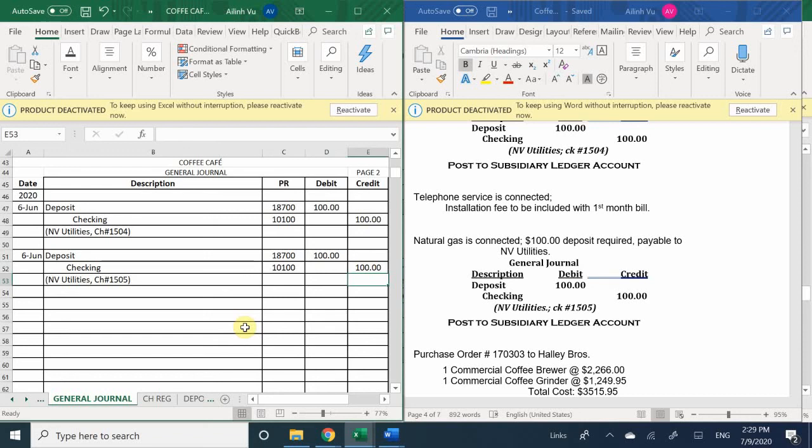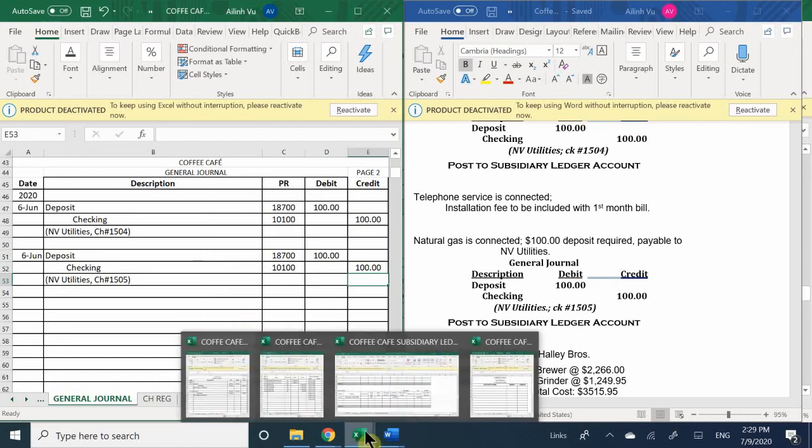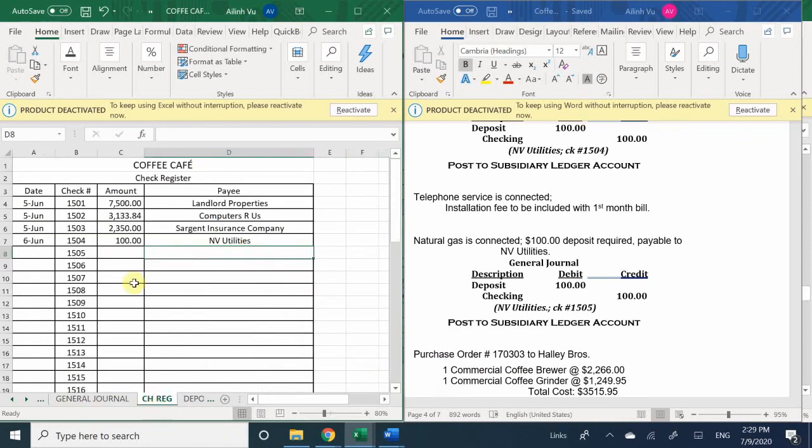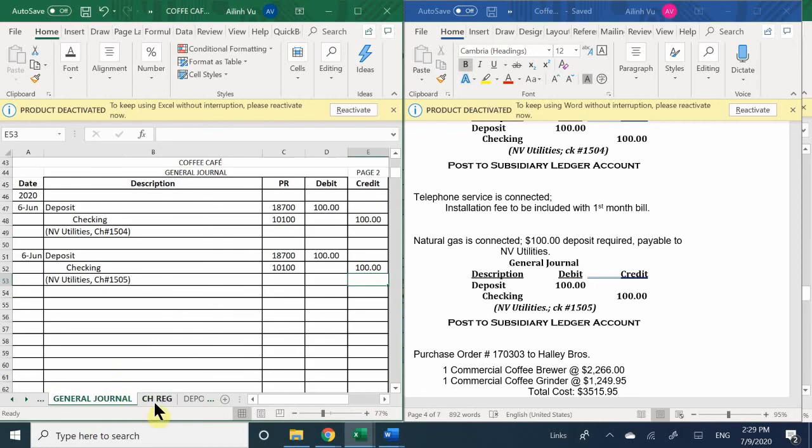Now that we've done that, what do we need to indicate now? Where do we need to go after our journal? Oh wait, we got to write our check. You're jumping ahead, aren't you? Natural gas first? Don't you have to record it in natural gas first?